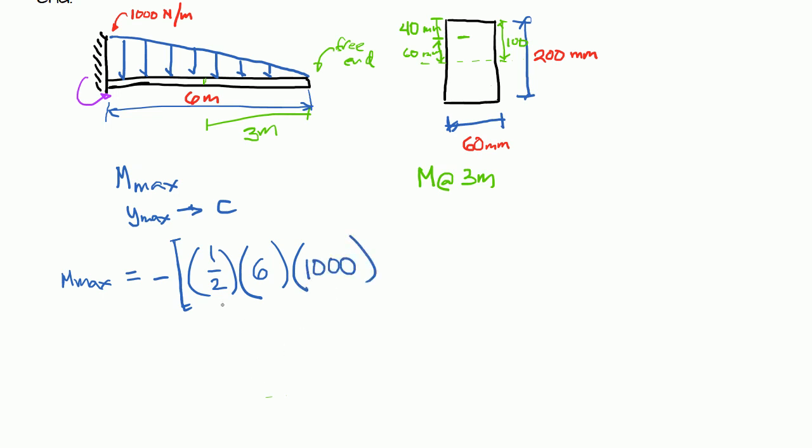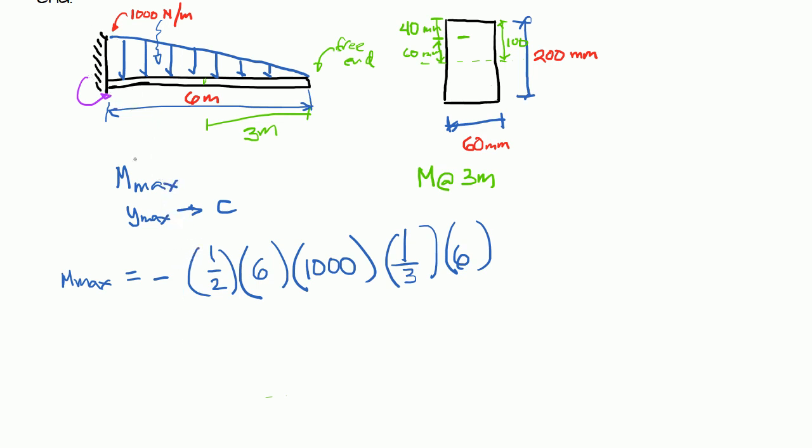Okay? This is the resultant of the triangular load times a moment arm. What is our moment arm? Since it's a resultant of the triangular load, it will act at 1/3 of this 6 meters. So, at 1/3 of 6 meters. Okay? So, we don't actually need this grouping symbol. There.